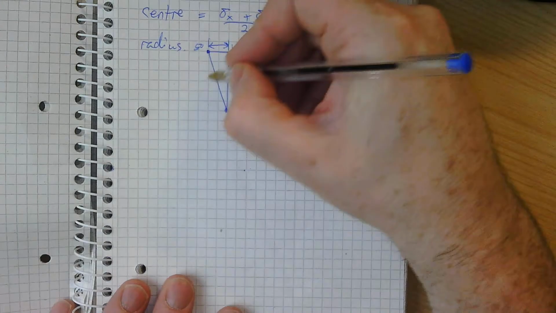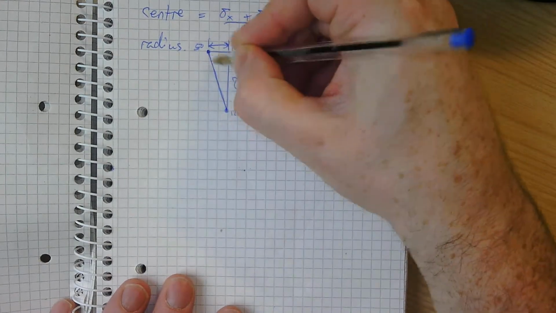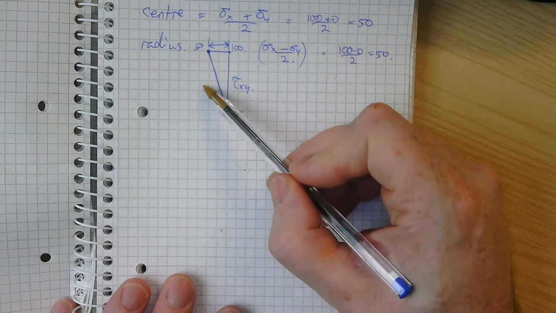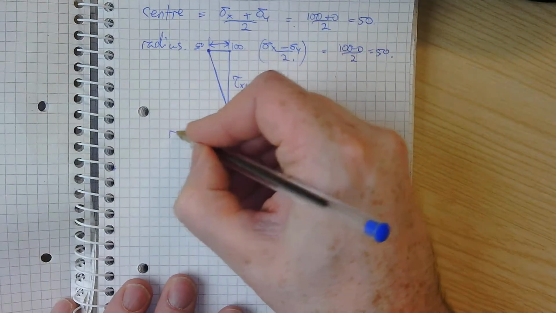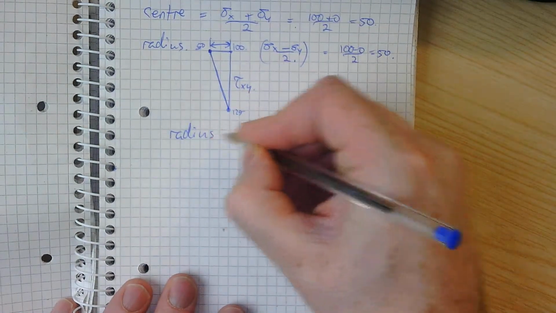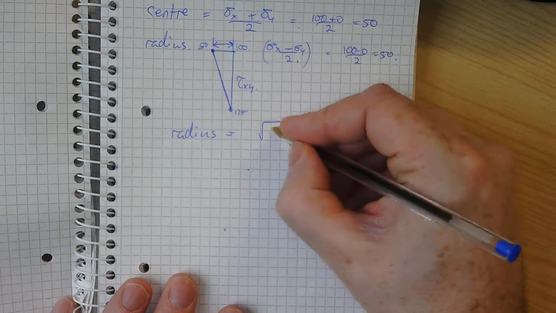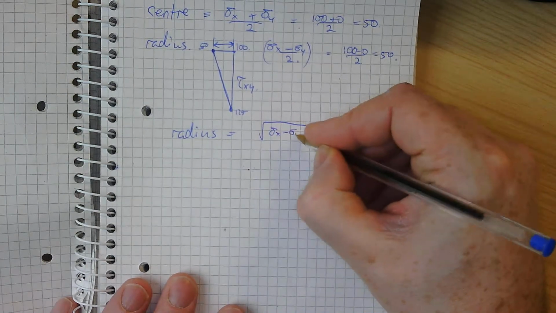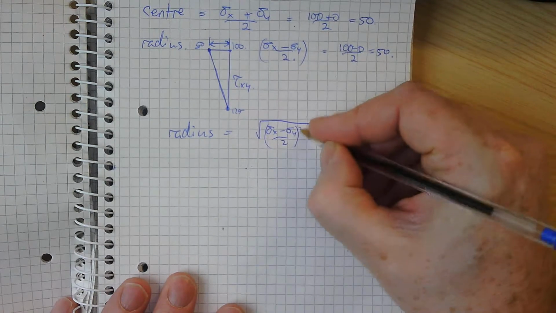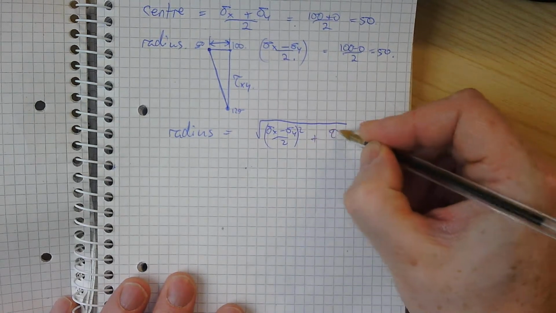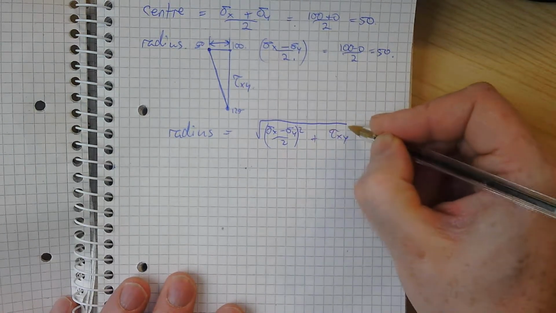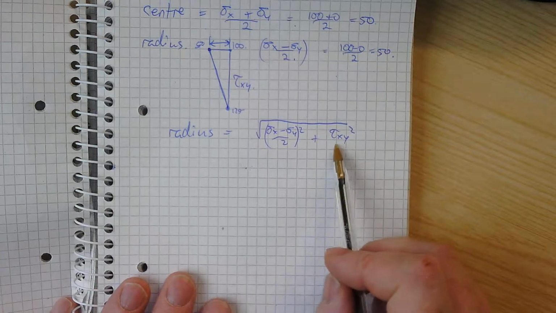So the radius of the circle is the hypotenuse of that triangle. So the radius equals the square root of the sum of the squares of sigma x minus sigma y over 2 squared plus tau xy squared. Or tau yx will be the same thing.